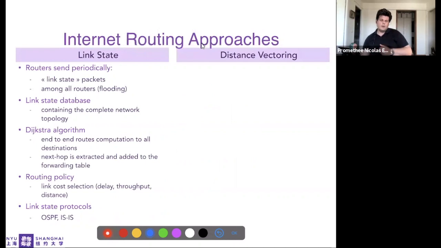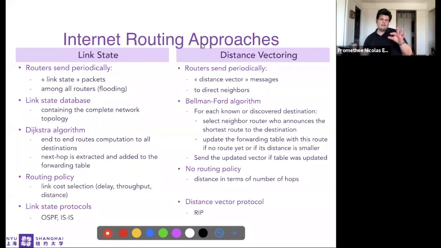Two approaches. In link state, as indicated by the name, what we share with the neighbors is what we call the link state packet. The link state packet is nothing more than a packet where, for all the links that I have to my neighbors, I list the IP of my neighbor, the cost of that link, plus the status of the link.